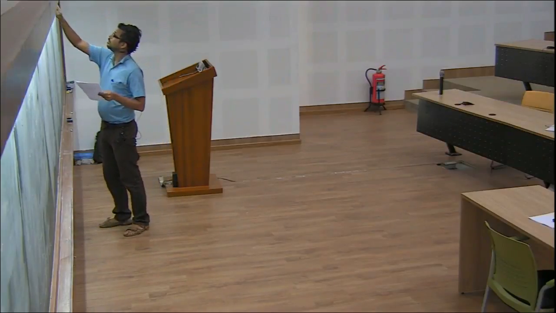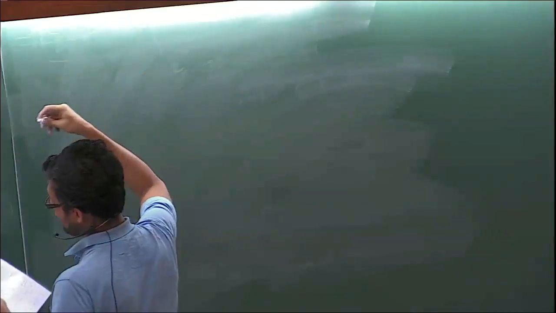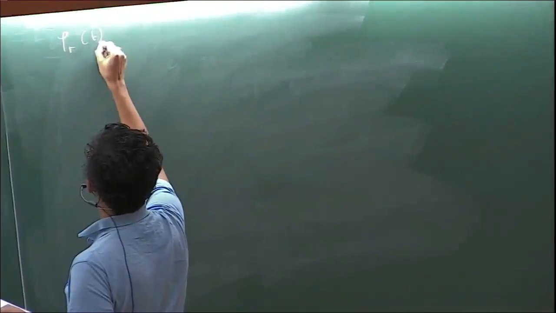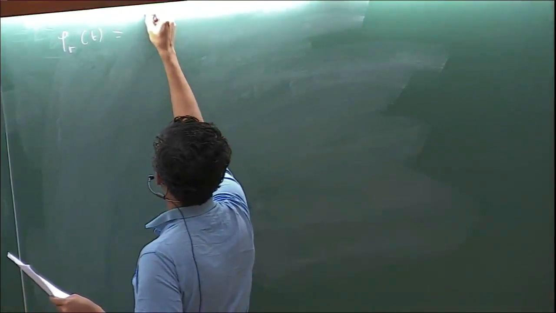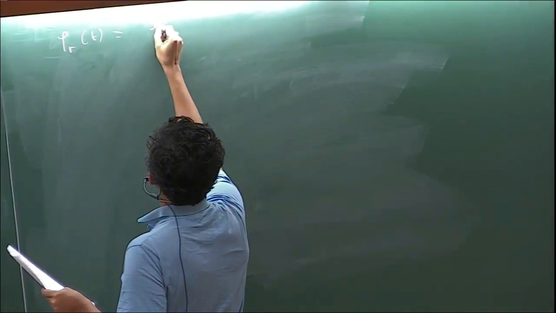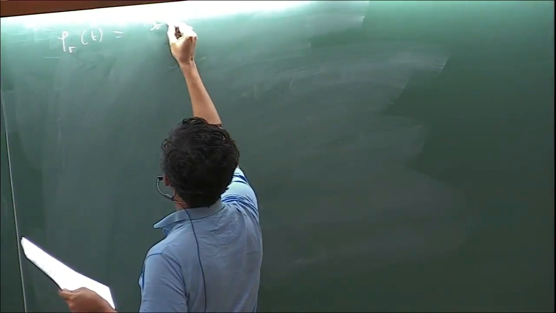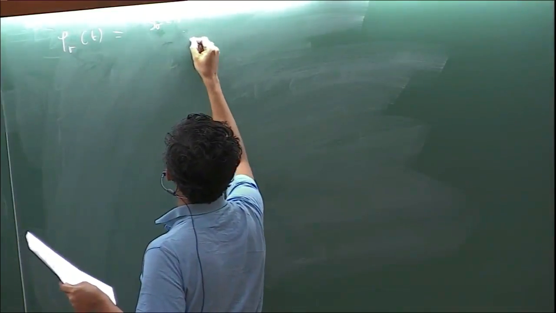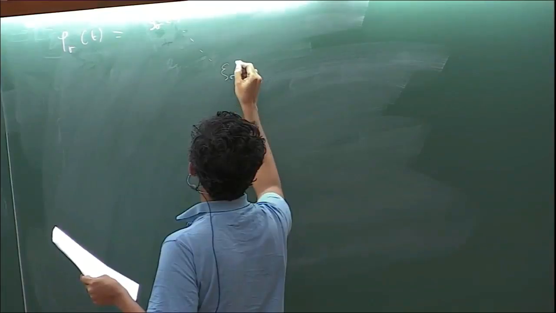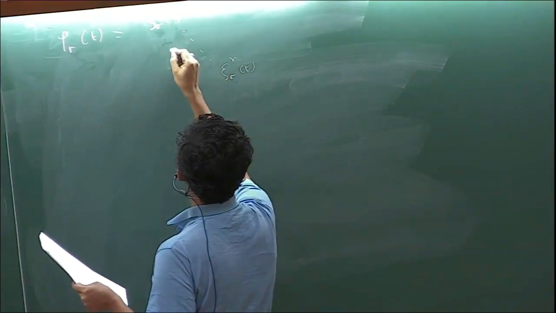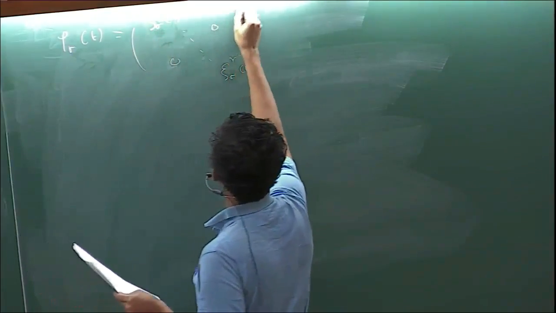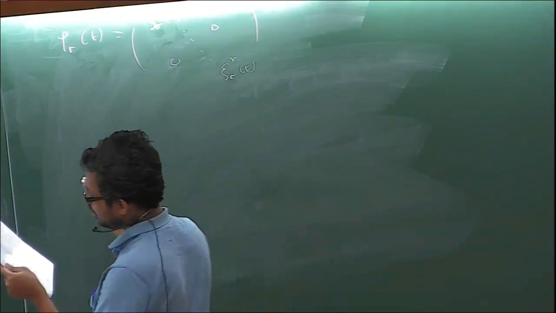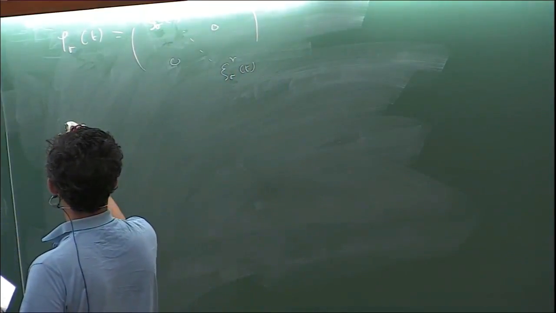So once you are in fixed K naught, then you know this rho sigma of t will be given by some characters. So call this xi sigma.